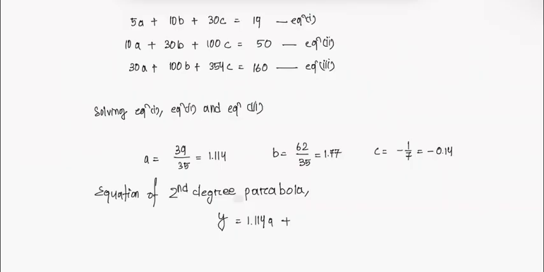Getting what I am writing. Sorry, a plus 7, b minus 0.14, sorry, 1.77x minus 10 per discussion.